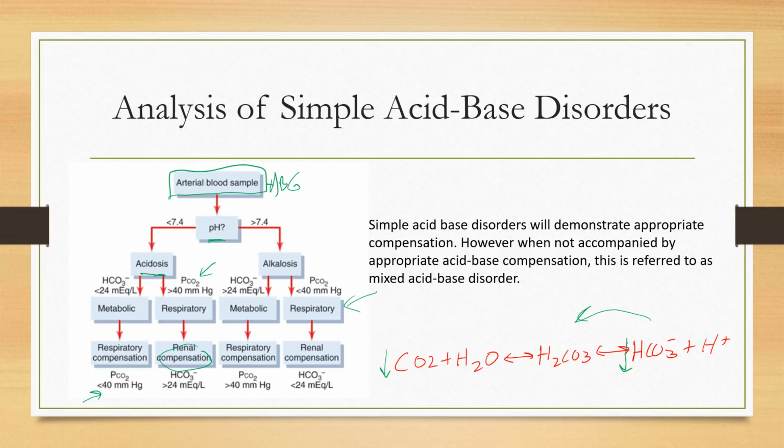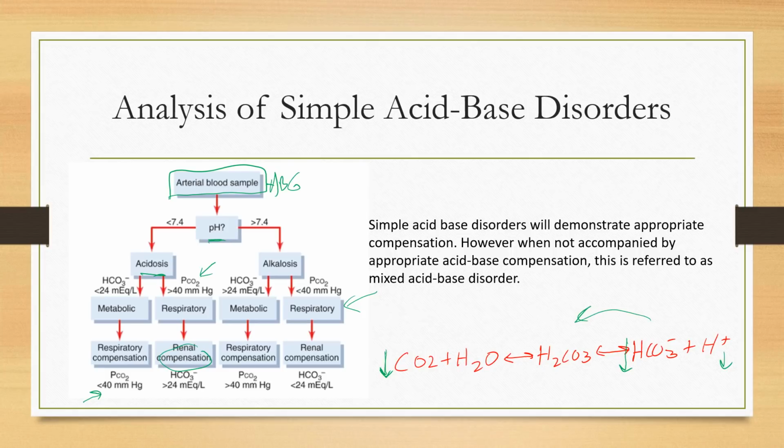So with a low bicarb, the low CO2 can be explained because it is a compensation for the metabolic acidosis. By dropping that CO2 level, I can decrease the amount of free proton and shift that equation. In doing that, that allows me to readjust my pH.